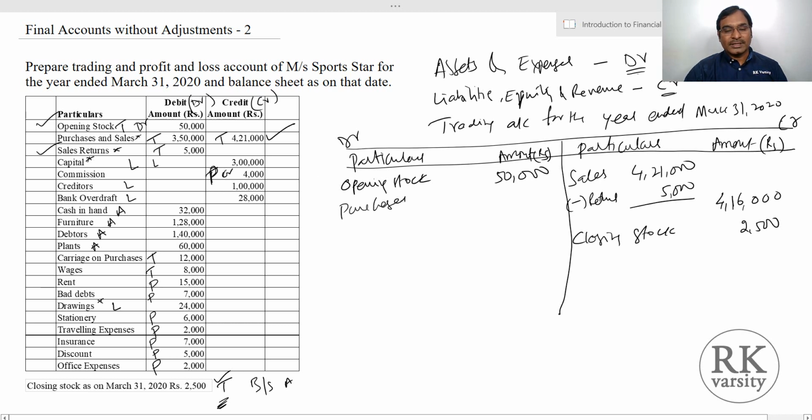Then carriage on purchases, 12,000. And then any other item, yes, we have wages in the trading account, as T indicates trading account. So we have wages 8,000. And then any other item in the trading account, no.